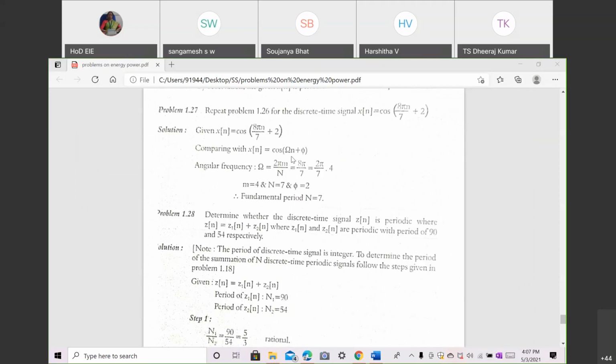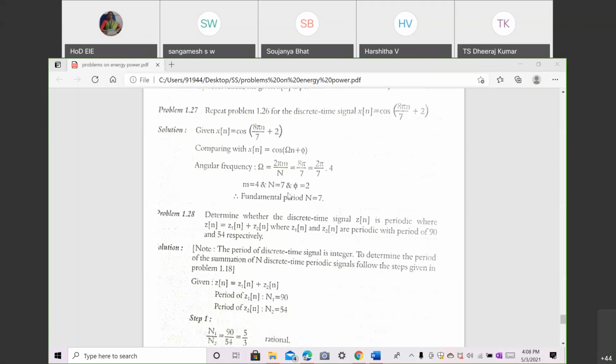Comparing with the standard form cos of omega n plus pi, omega equals 2 pi m by N. That is 8 pi by 7, which is 2 pi by 7 into 4, so m is 4. Finally, M is 4, N is 7, the denominator, so the fundamental period is 7.